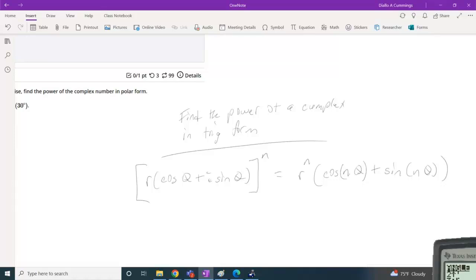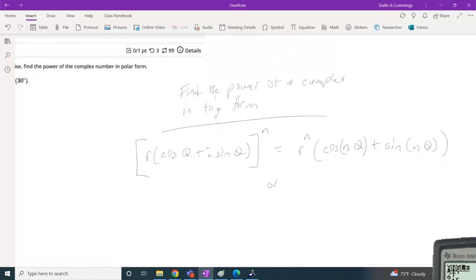I can also write this formula out in a compact form, and that's actually what you see in XYZ homework. If you have your complex number in compact trig form, it would look like this: R cis theta. Right, and we want to raise that to the power of n.